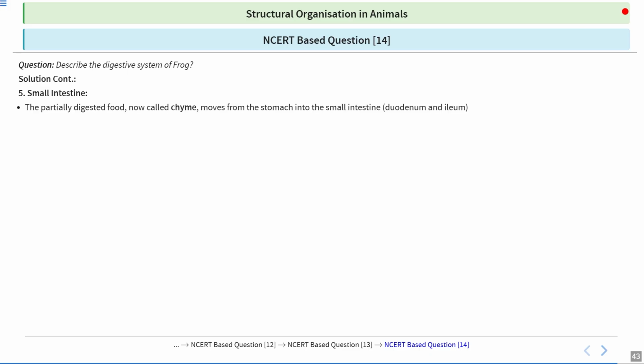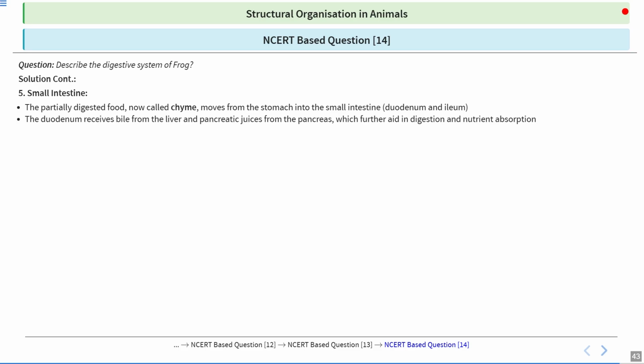Small intestine. The partially digested food now called chyme, the food which is present in the stomach now, the digested part is called as chyme. That moves from the stomach into the small intestine. And small intestine has two parts, duodenum and ileum.